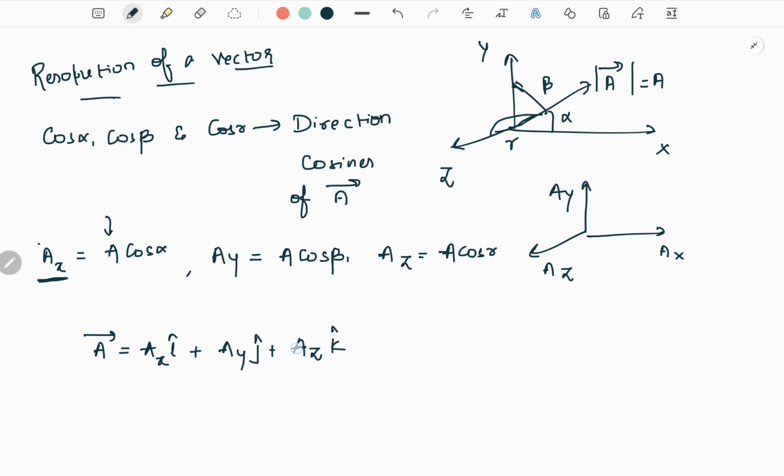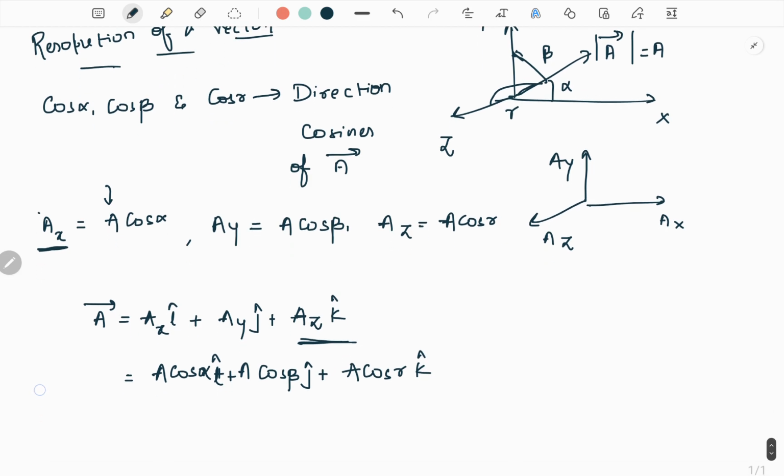Here az only gives us the magnitude, but when we consider the direction and multiply with the k cap, it tells us that the z component has a magnitude az and is along the z-axis. Or we can also write it as a cos alpha i cap plus a cos beta j cap plus a cos gamma k cap. So this is what the vector a bar is going to be.